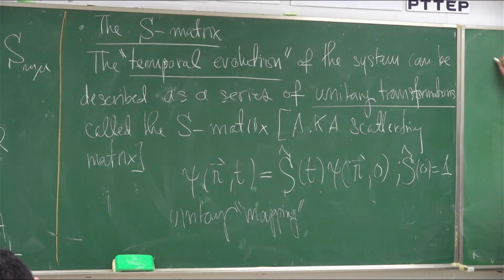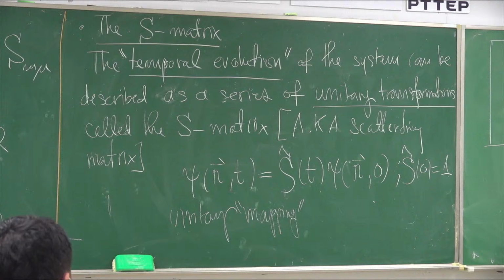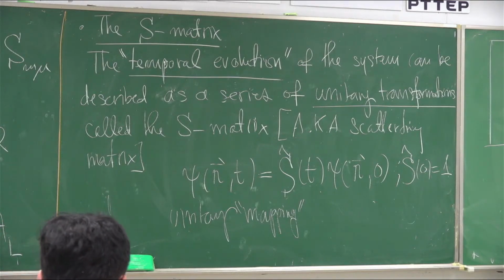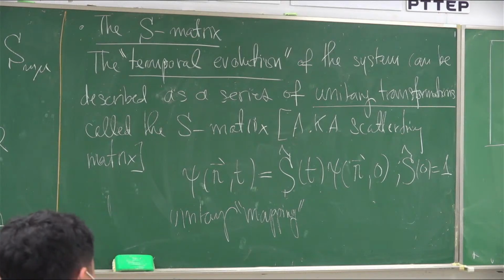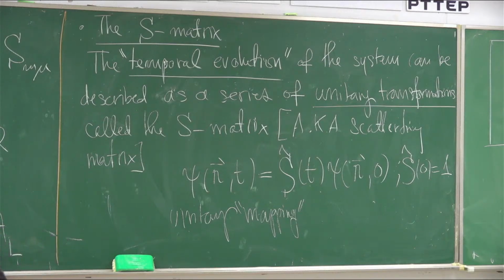So suppose that I could not draw an infinite dimensional vector space, then this represents our Hilbert space. It can be finite or infinite.